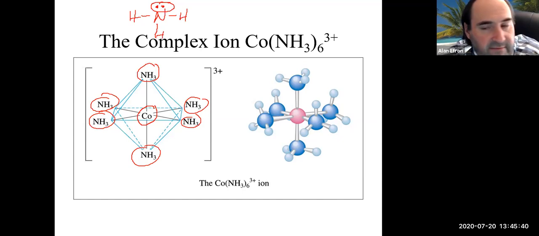Otherwise, it wouldn't be a positive charge, so it's deficient in electrons. And since NH3 is neutral, the overall complex ion is +3. By the end of this chapter, you will know how to properly name that, something like hexaamminecobalt(III) ion. You'll be able to give the proper name to something of that nature.